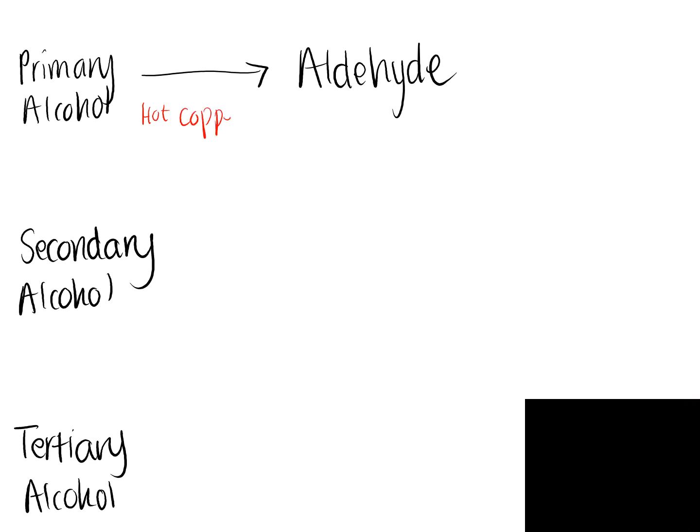Okay, this can be further oxidized into an aldehyde. And how do we do that? What do we use? We could use hot copper(II) oxide, or acidified dichromate.